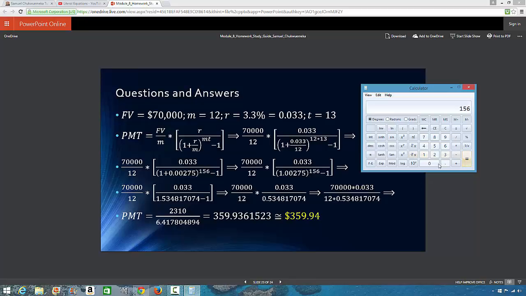Then I now do 0. Inside the parentheses, you have division, you have addition. Division comes first. So 0.033 divided by 12 equal to, then plus 1 equal to exponent 156 equal to, okay, see that, then minus 1 equal to.